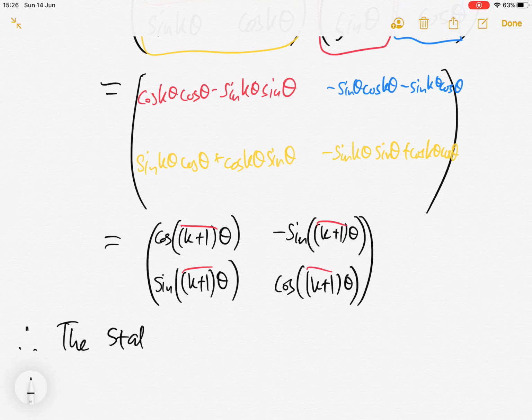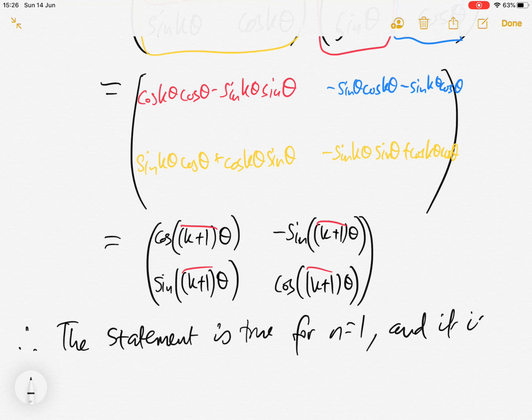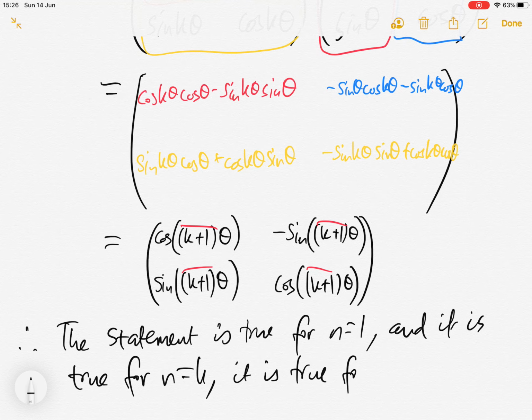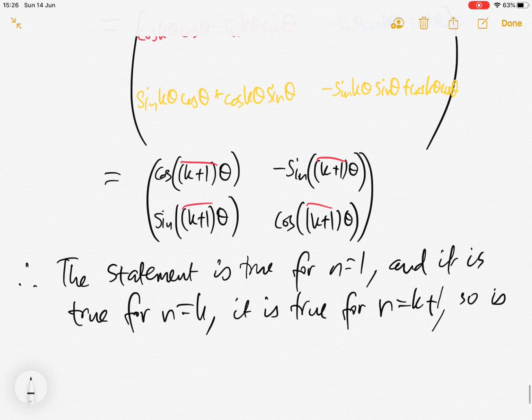Therefore, the statement is true for n equals 1. And if it is true for n equals k, it is true for n equals k plus 1.